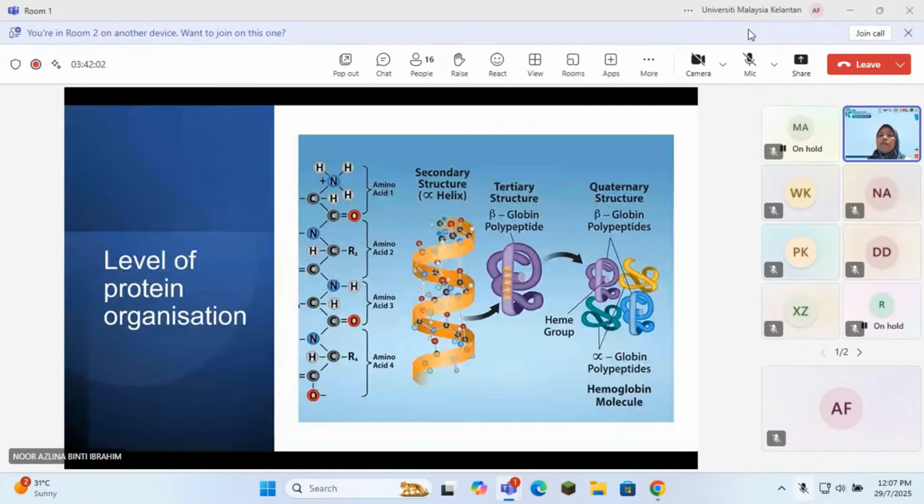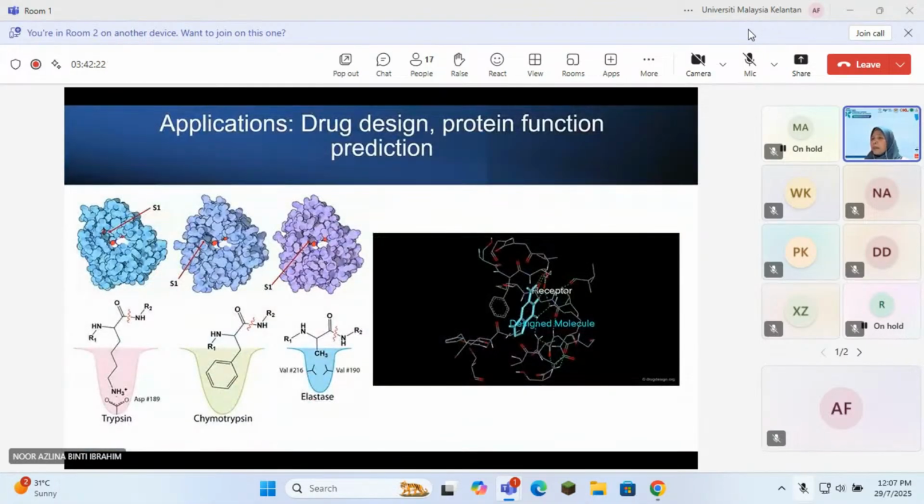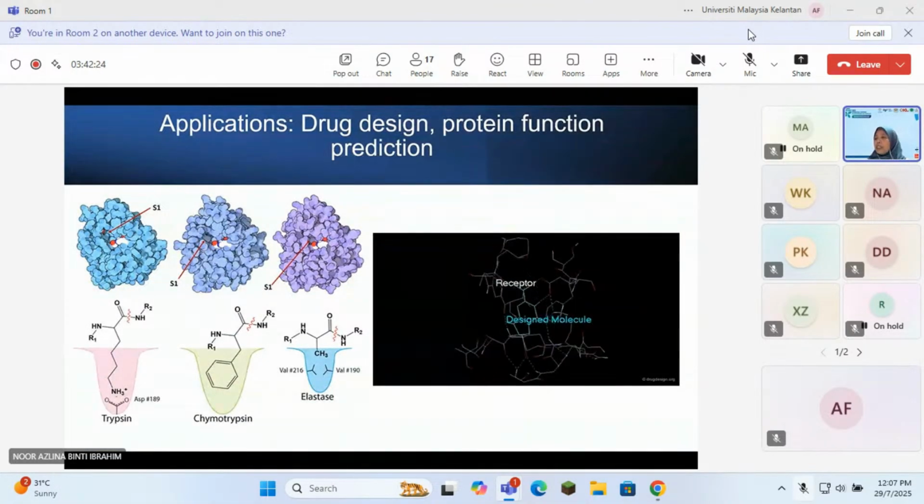At the same time, we can focus on the quaternary structure, when the protein has a few subunits forming a group, like the hemoglobin structure.